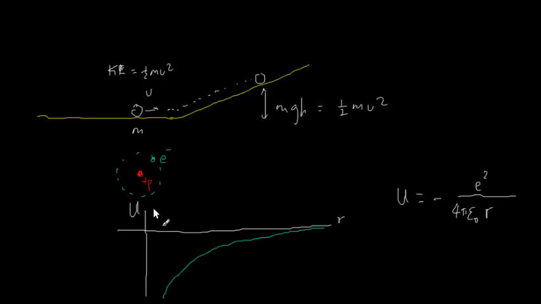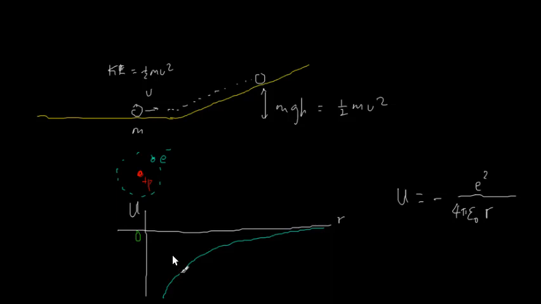I'm just going to say I have this proton here at the origin, and I have an electron at some distance from the nucleus, and let's say the electron has a velocity and is moving outwards. Let's forget about the orbit for now.